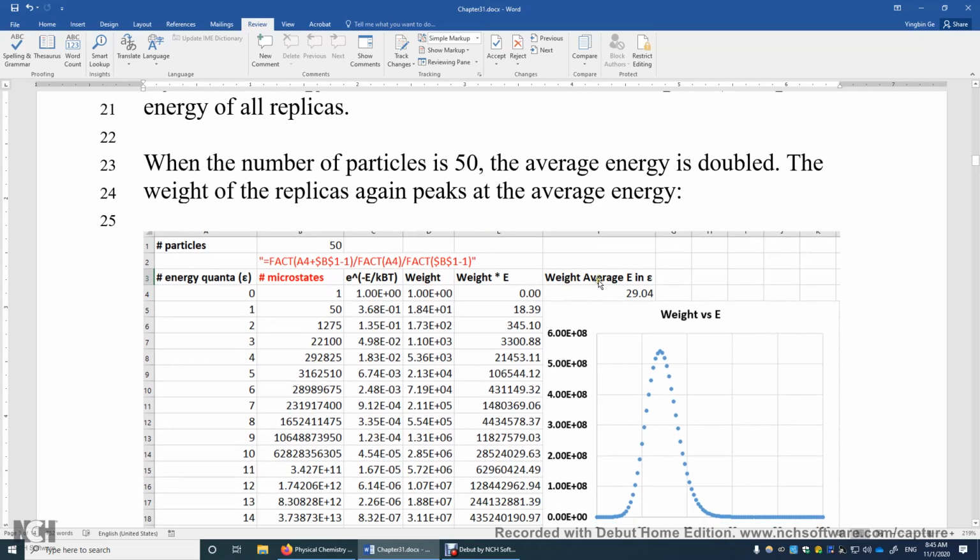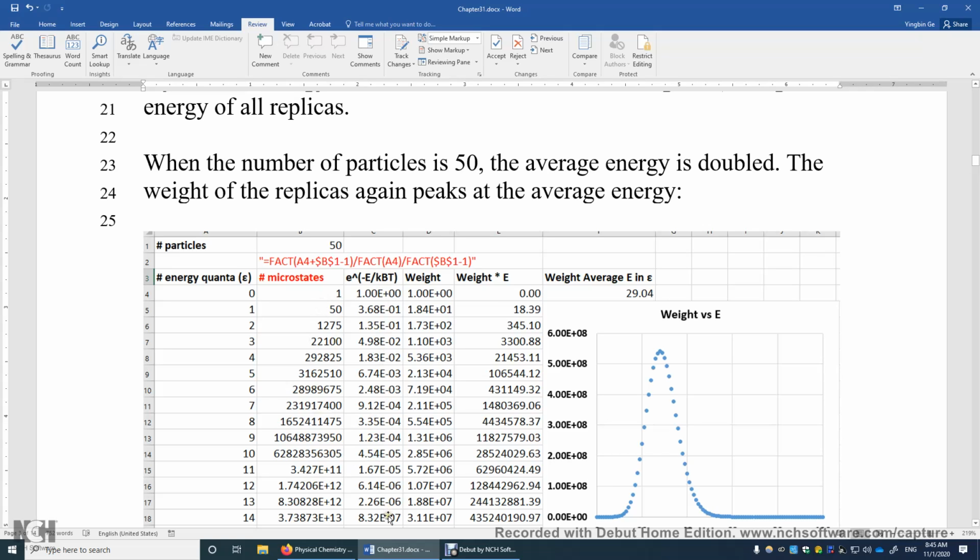You can see the weighted average energy is doubled. It's now 29 epsilon. And again, we have the number of particles here, 50, the number of energy quanta here. We calculate the number of microstates, which increases as the energy of the replica increases.